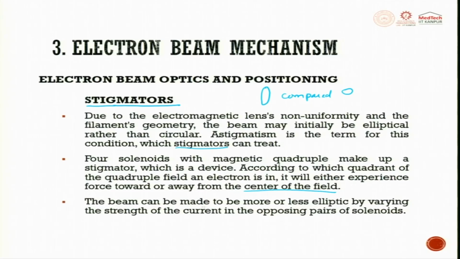The beam can be made to be more or less elliptic by varying the strength of the current in the opposing pair of solenoids. So, you play with the current such that this astigmatism, or the ellipticity, can be converted into circular.